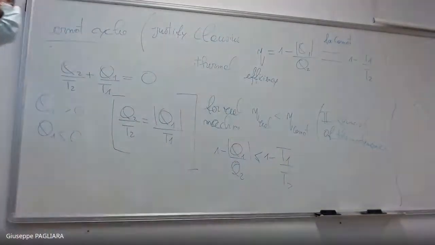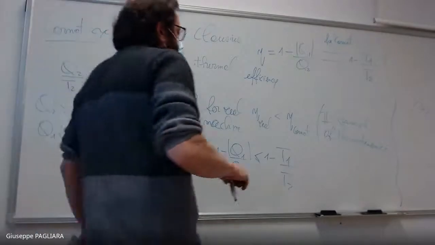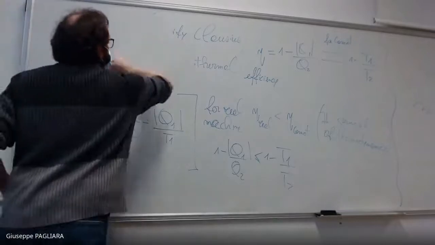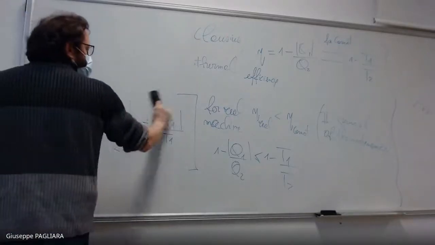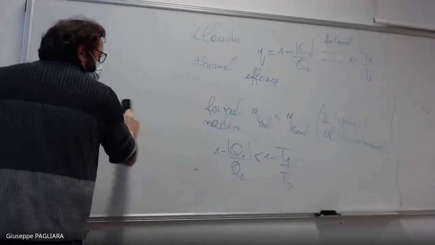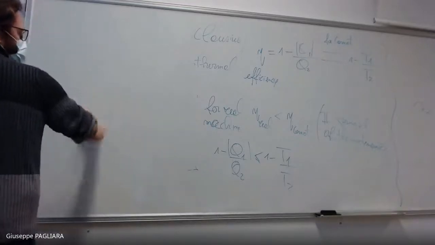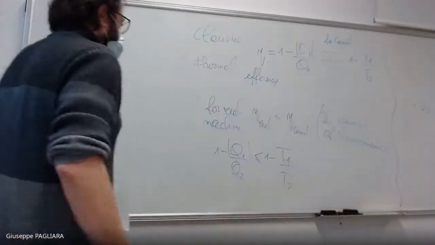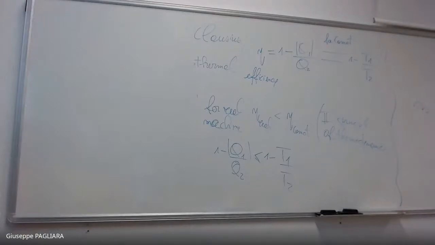So now I can remove the 1, the minus, and finally get the following inequality. That Q2, let's do it properly. Q1 divided by T1 and Q2 divided by T2 I put on the other side.